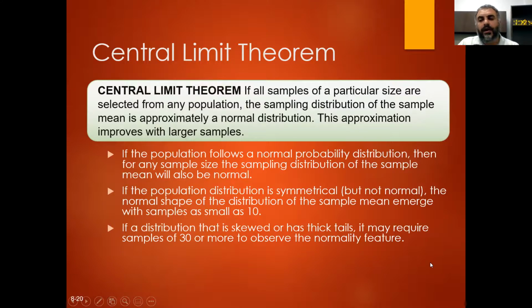But why are we talking about normal distribution? What is the benefit of the normal distribution? The good thing about normal distribution is that we have a formula for it, and it's easier to handle.